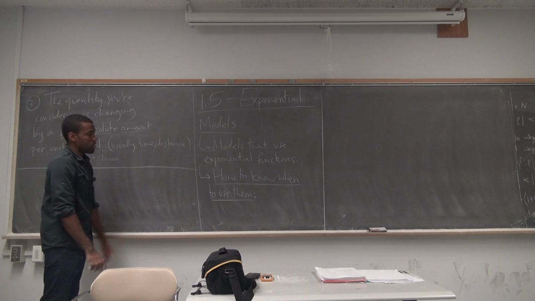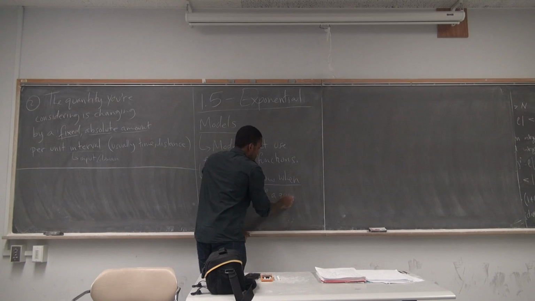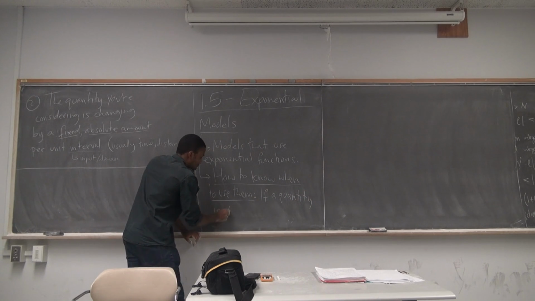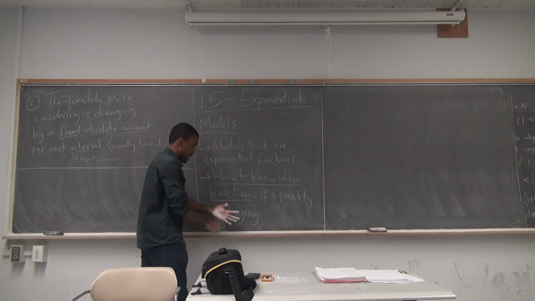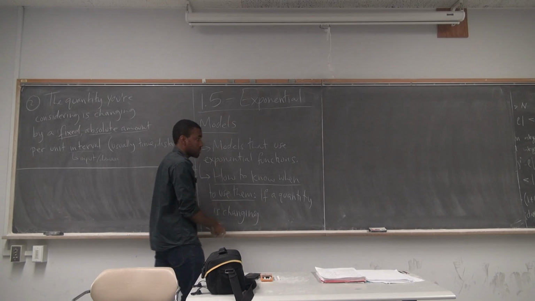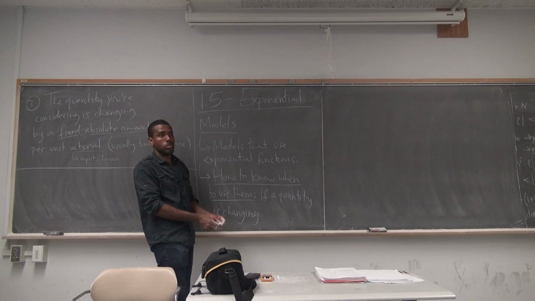An exponential model arises if a quantity is changing. How would a quantity change for an exponential function? Do you remember?